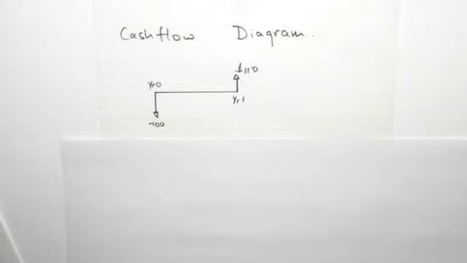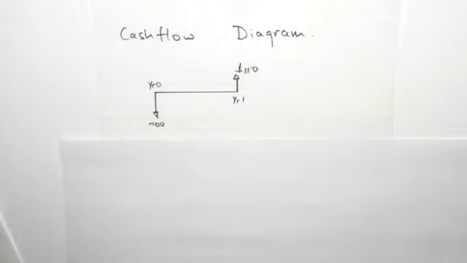So in this example, you can see that at year 0, which is the way we write for the present moment, you pay $100, and in a year's time from today you will gain $110. And it could be a very simple question like, do you take this offer or not?